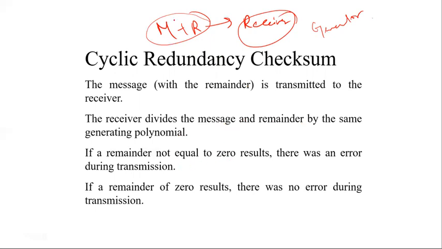When message plus remainder is divided by the same generating polynomial, it should give 0. If the remainder is 0, then there is no error. But if the remainder is not equal to 0, then there was an error during the transmission.